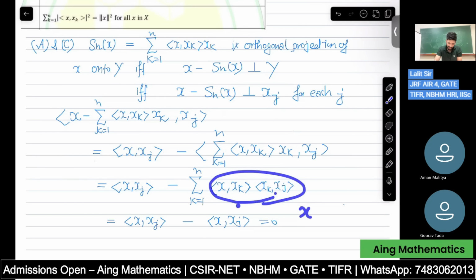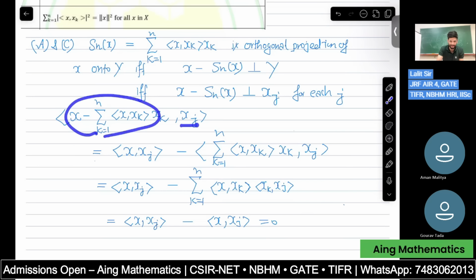So we get for that summand this one, and other summands are 0, because whenever k is not equal to j, the inner product of xk and xj is 0. That's why we get this. So this vector is orthogonal to each of xj, hence it's orthogonal to y. So that's why it's the orthogonal projection of x onto y.